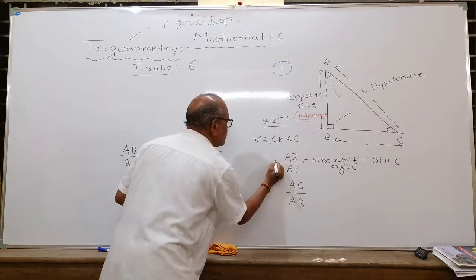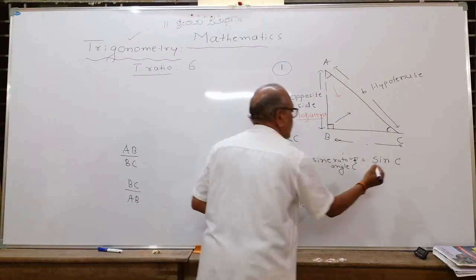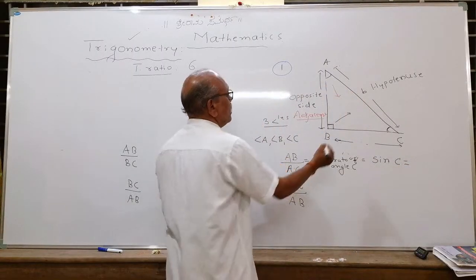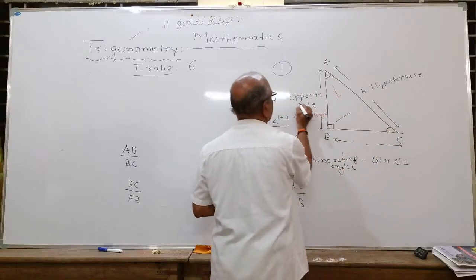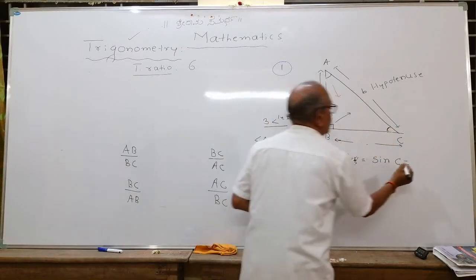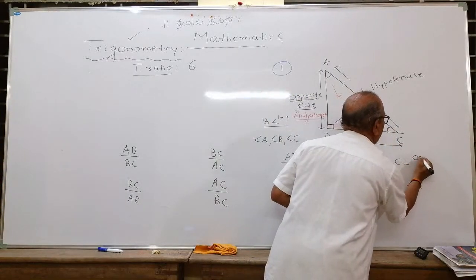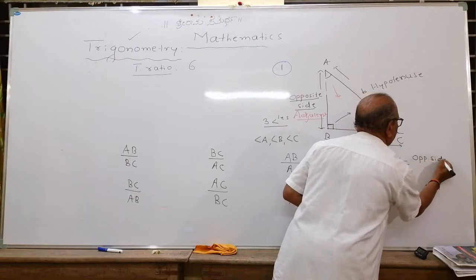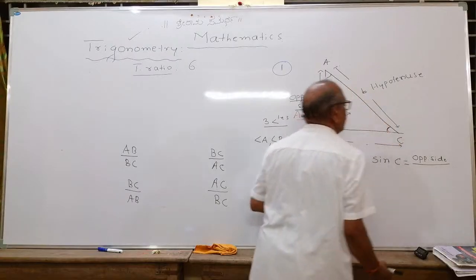Then what is AB? With respect to angle C, as I just told you, AB is the opposite side. We'll write it as OPP side. You can note down the basic definitions.